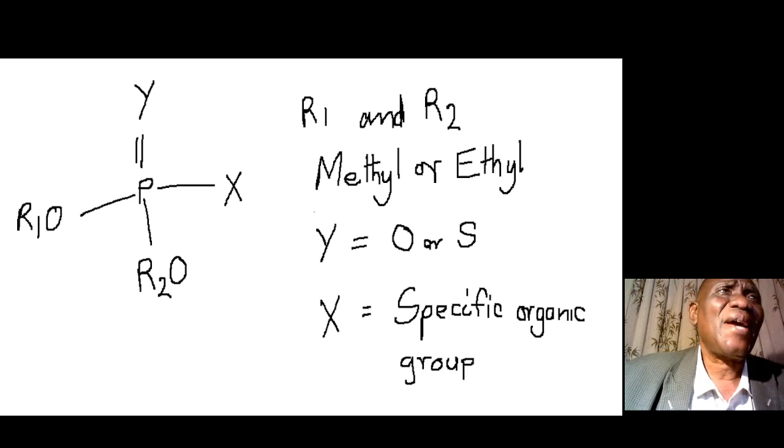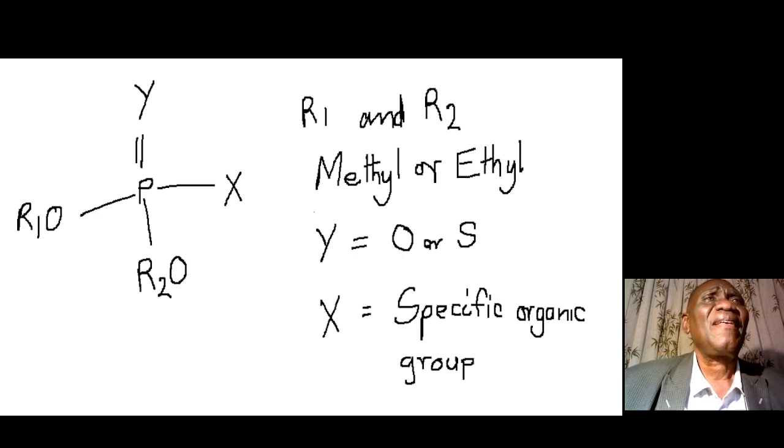Where we have Y, we can either have oxygen or sulfur. Depending whether we are having oxygen or sulfur, it can change the properties of the organophosphate. Then X represents a specific organic group, which can be complex, but as long as we can remember that structure, it's fine.